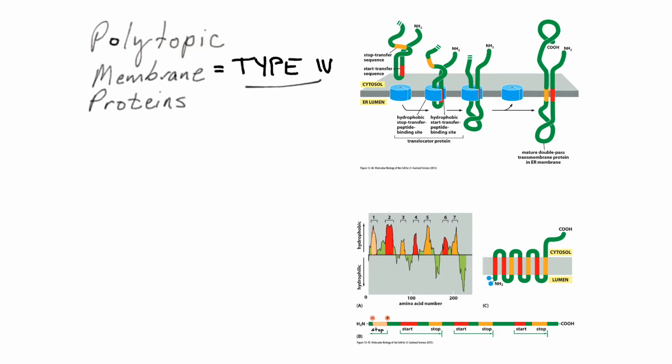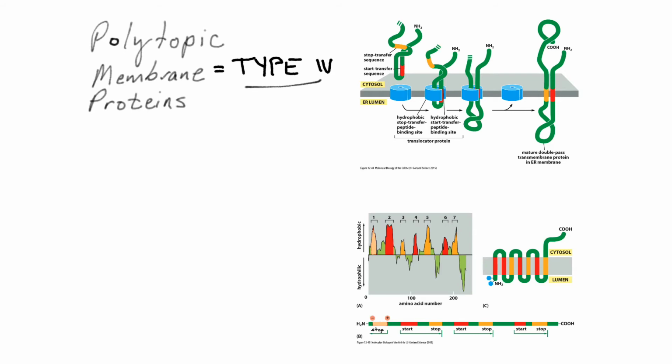Now, these are described actually fairly nicely in the Wikipedia description of topology of transmembrane helices. And in that page, they talk about single-pass proteins as being bitopic, B-I-T-O-P-I-C. I don't think I've ever heard that term used by anybody else. But polytopic is fairly common, and it just indicates that there's more than one transmembrane domain in the protein in question.